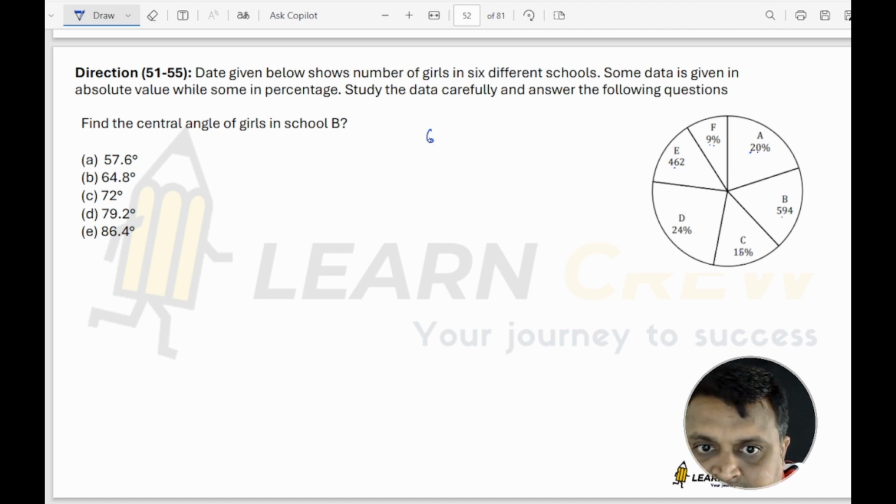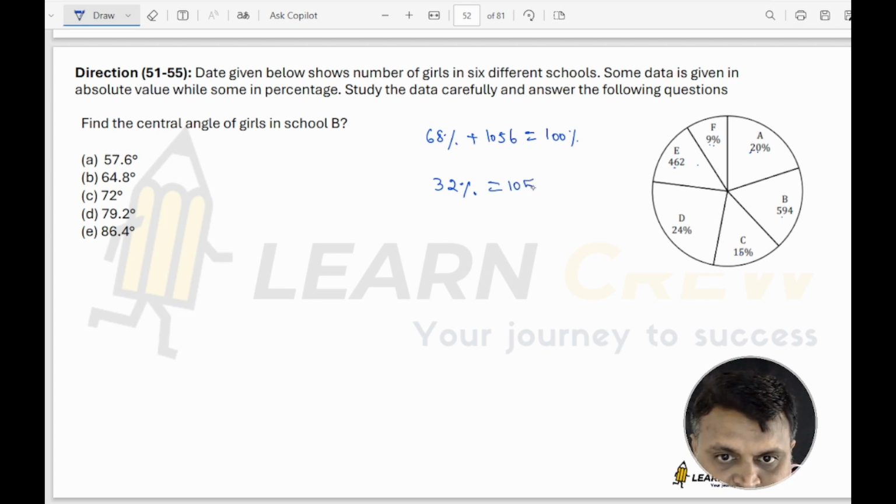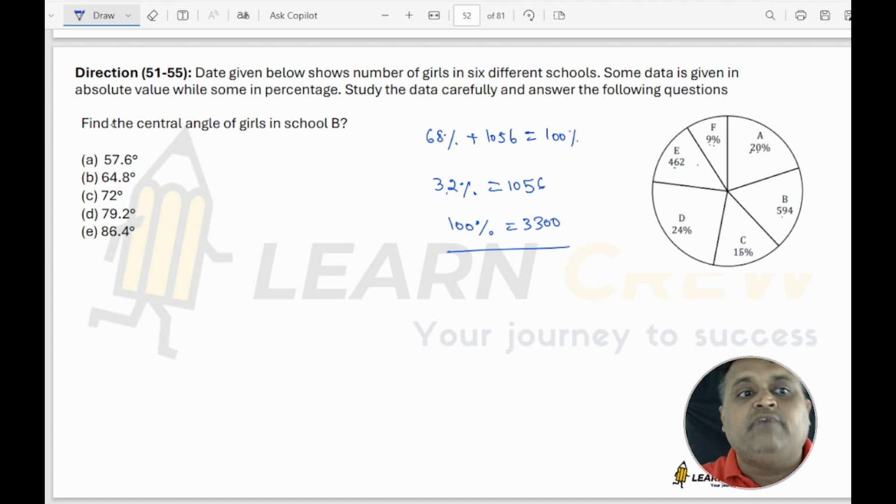So here I can say 68% plus the sum of these two, 462 plus 594, which is 1056. The sum of these two is 100 minus 68, so 32% is 1056. So 100% would be 3300. So this total value is 3300.